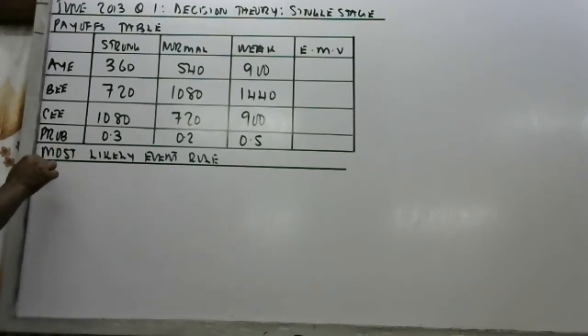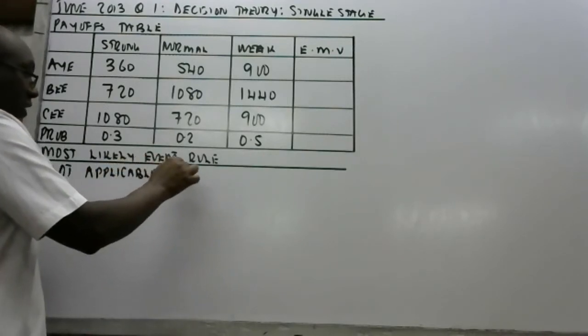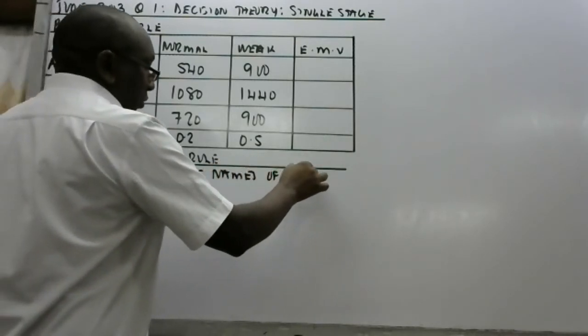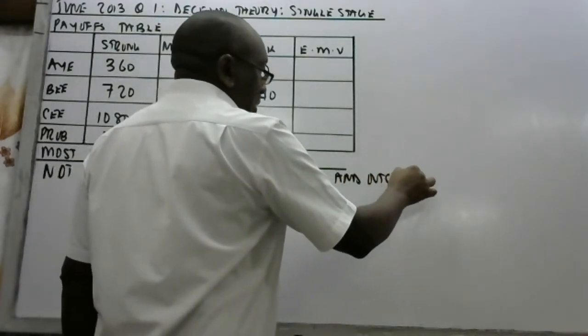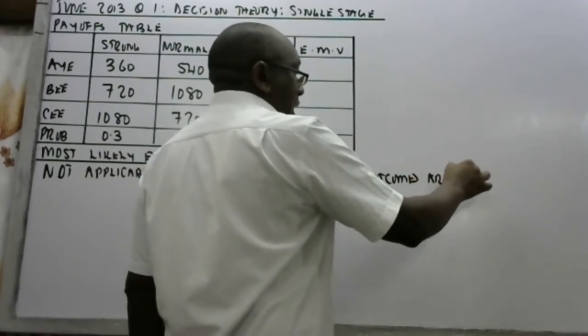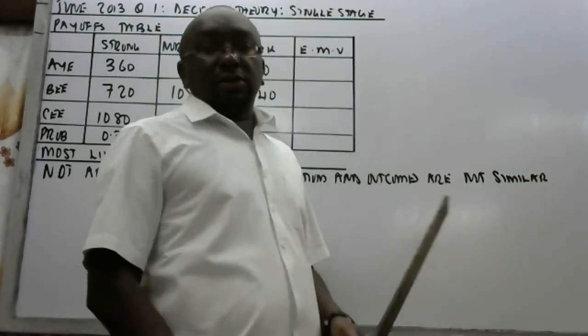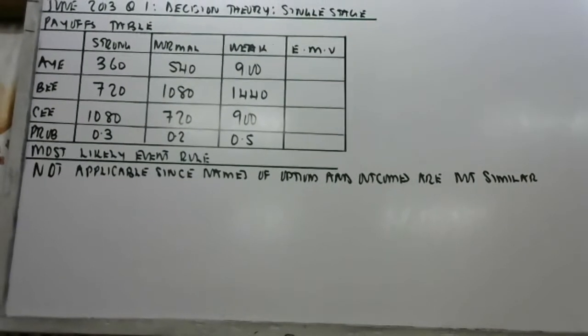So, most likely event rule, you say not applicable, since the names of options and outcomes are not similar.